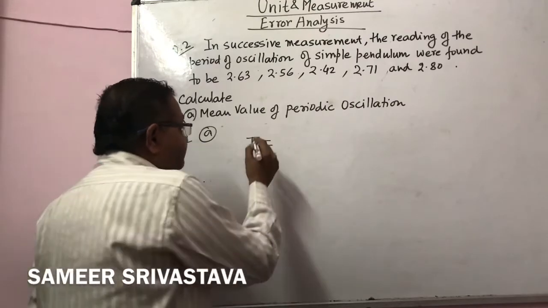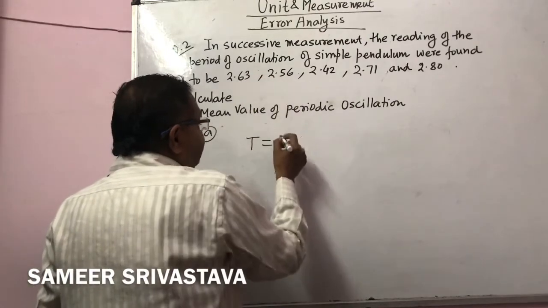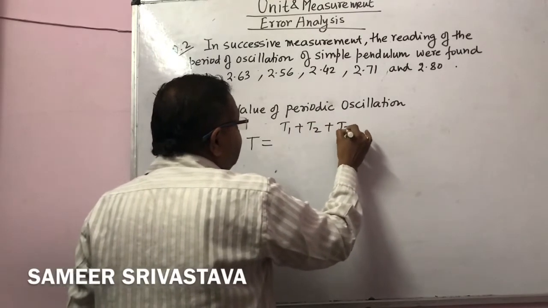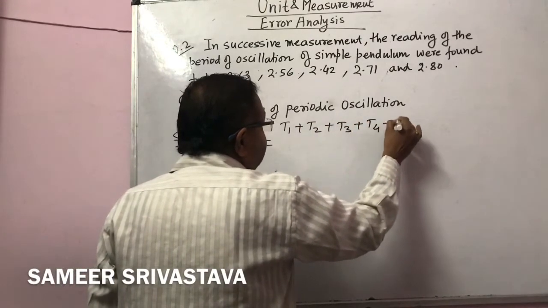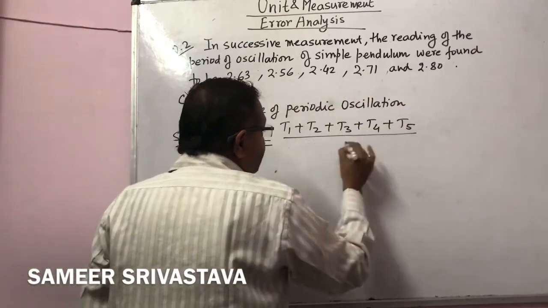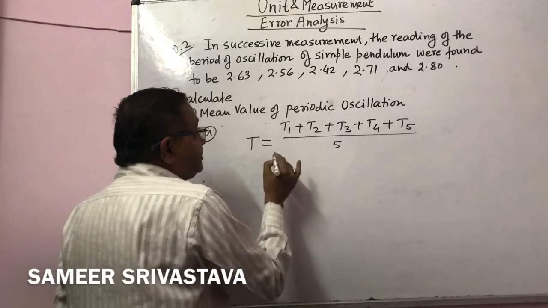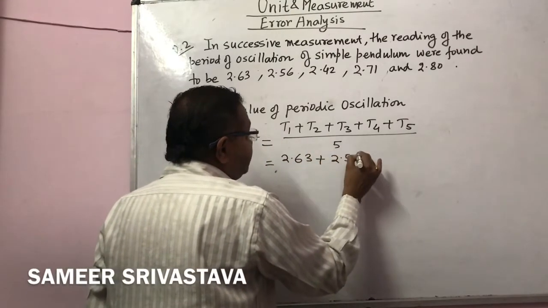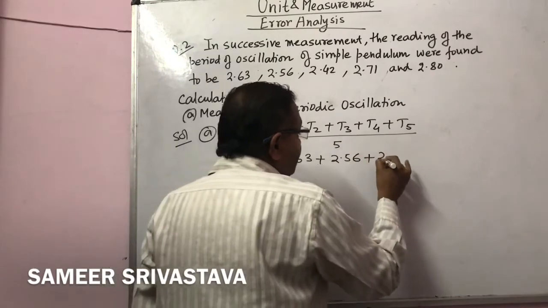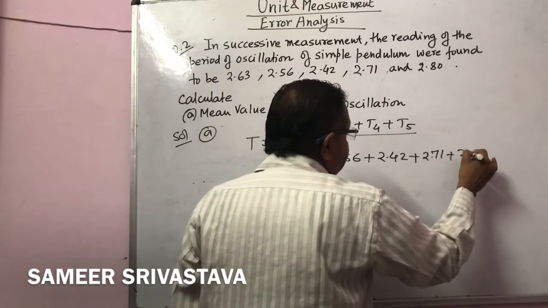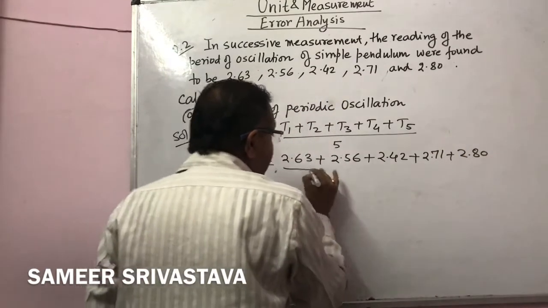So mean value, we add all the given values, T1 plus T2 plus T3 plus T4 plus T5. 5 values are given, 1, 2, 3, 4 and 5, upon 5. Put the values here: 2.63 plus 2.56 plus 2.42 plus 2.71 plus 2.80 upon 5.